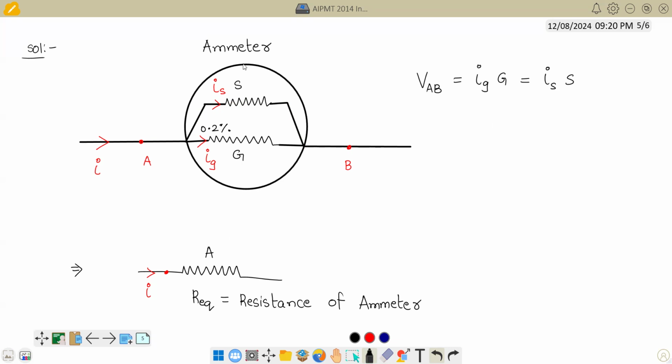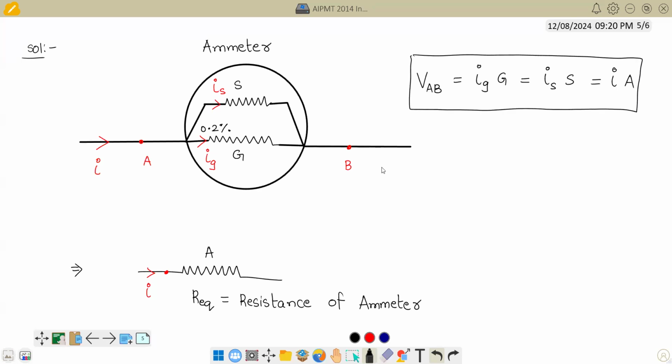Or we can replace this entire device with the resistance of the ammeter, and simply write the current I into the resistance of the ammeter. This is a very important equation in solving these problems. Whenever we need to solve the problems of ammeter, this equation really helps.